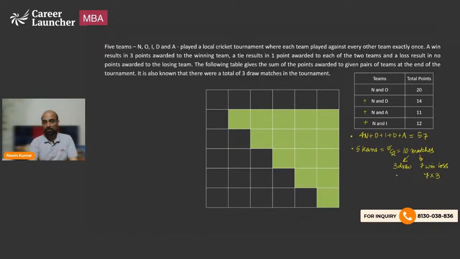That means 3 draws would mean 3 into 2, 6 points. So the total number of points out of these 10 matches among these teams is going to be 21 plus 6, which is 27 points.